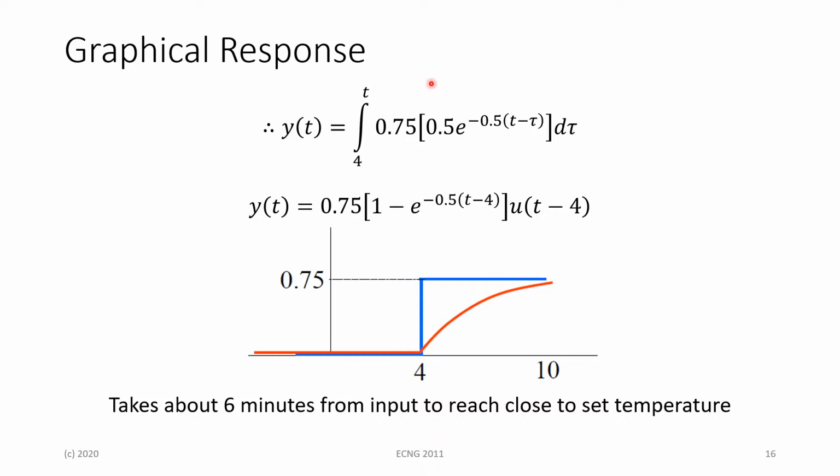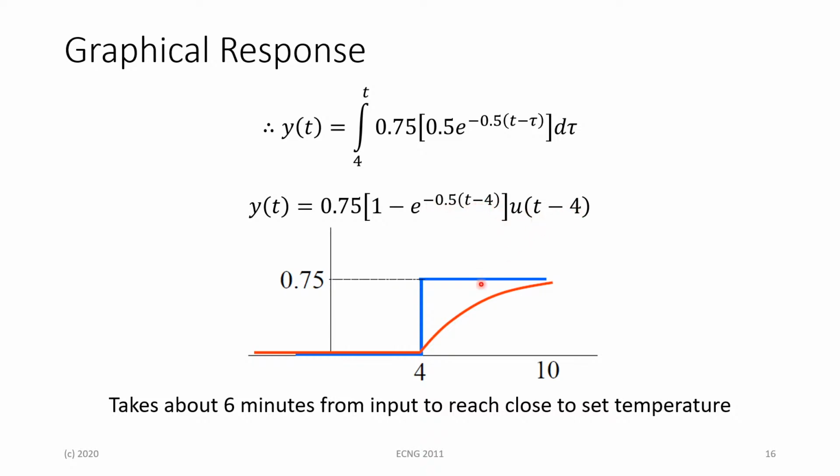So in evaluating this integral, we have automatic integral calculators online which you can use to evaluate it for you, and you'll end up getting a resultant equation of y of t equals 0.75 times 1 minus e to the negative 0.5 times t minus 4.